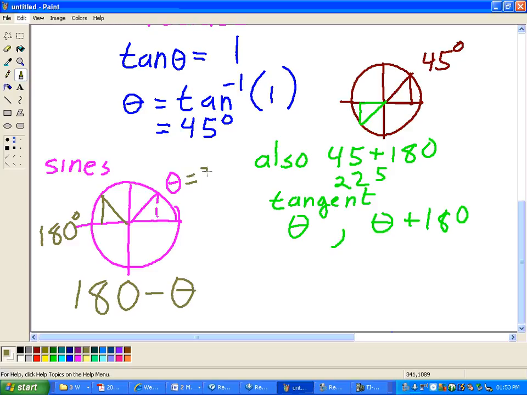So if, for example, this was 30 degrees, that would be 150 degrees would be the other. Calculator's going to find the first one for you. You've got to find the other one on your own.